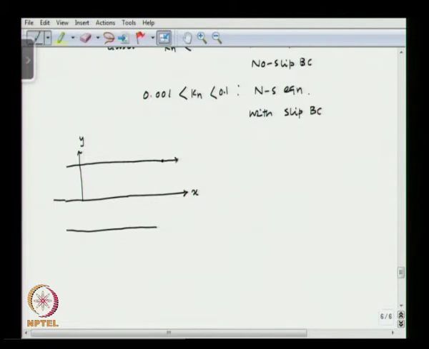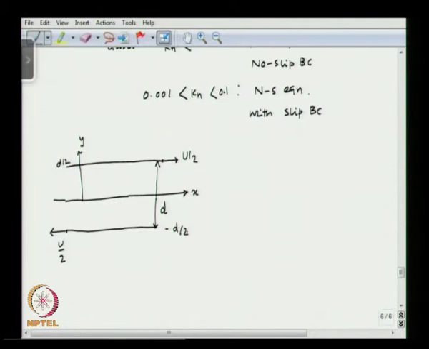Say this plate is moving at velocity u by 2 in this direction, and this plate is moving at velocity u by 2 in this direction. So, the relative velocity is u, and d is the separation distance. The separation distance between the plates is d. So, this is at d by 2, and this is at minus d by 2.